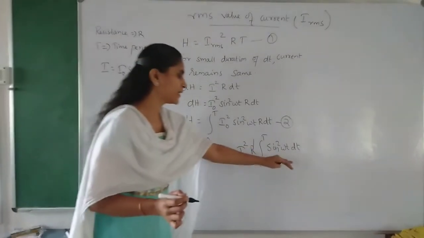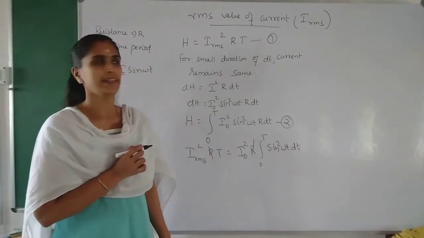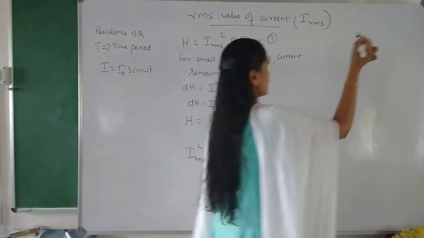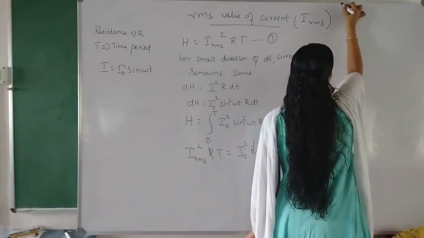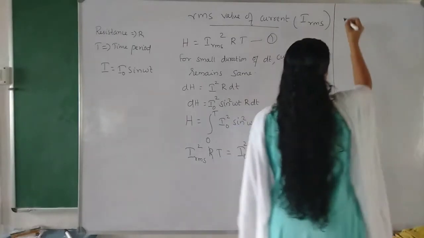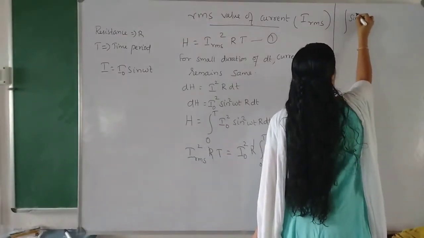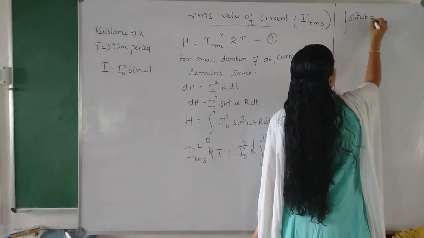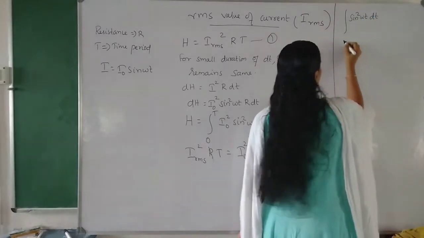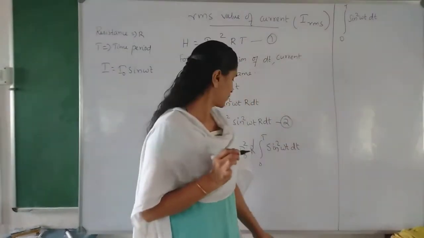Now we have to integrate this part, integral sin square omega t dt, so that we can do the integration here. So we are finding integral sin square omega t dt between the limits 0 to T.